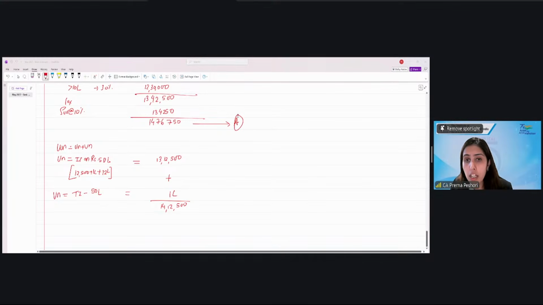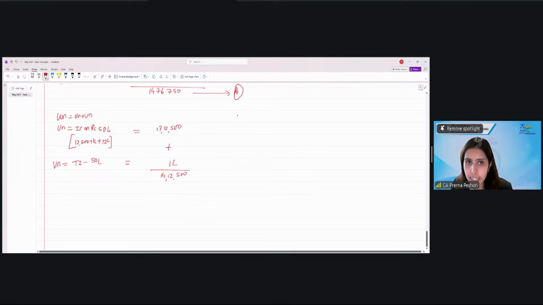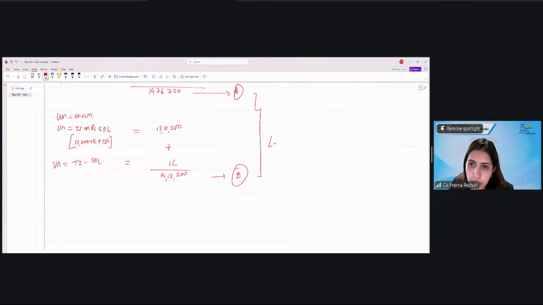But because of the marginal increase, I should have first of all paid 13 lakh 12,500 if my income had not increased over 50 lakh. How much is the difference between 50 lakh and the total income? 1 lakh. So that is the maximum tax that should be payable by me. So lower of A or B will be my final tax liability.